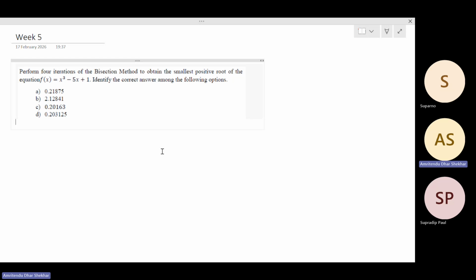And so, what is the bisection method? Let me quickly describe that. So here you're given an equation, f(x) equals 0.